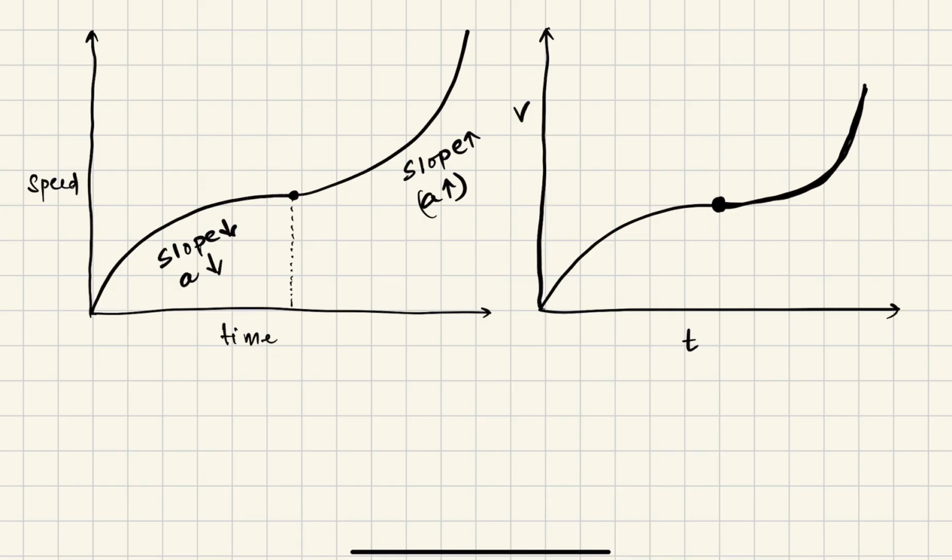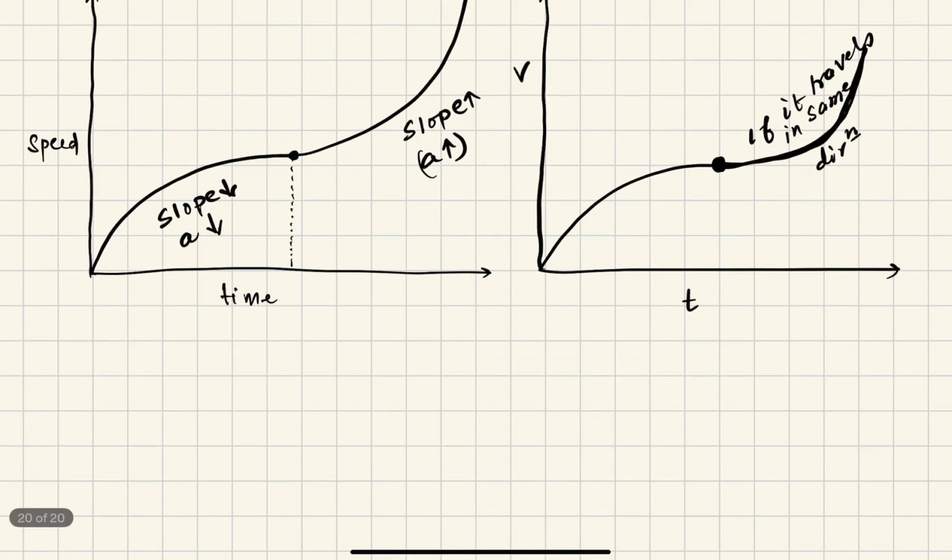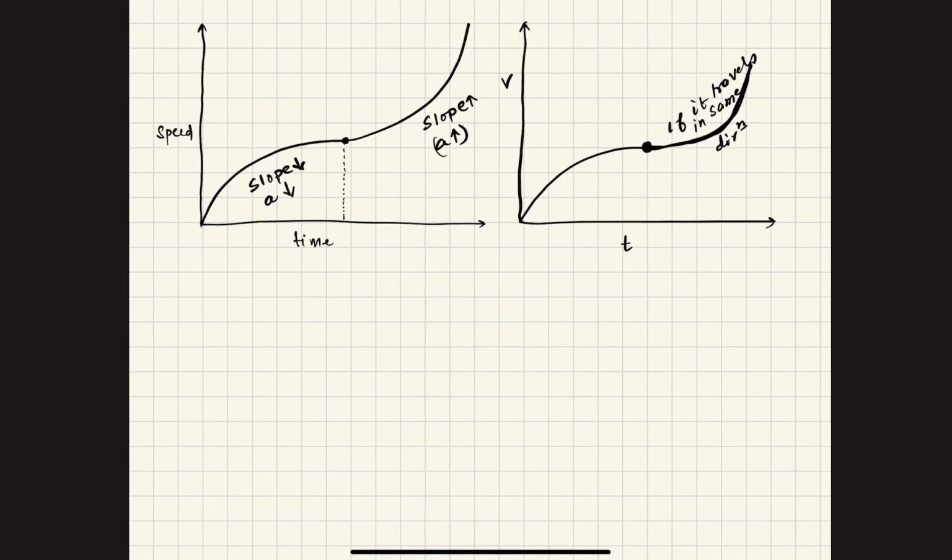So here if it travels in the same direction, what about the other part? It may not travel in the same direction also. It is absolutely possible. It may start traveling in the opposite direction altogether. Then what happens?